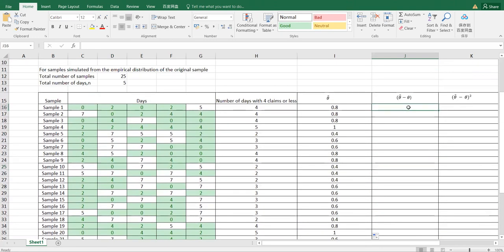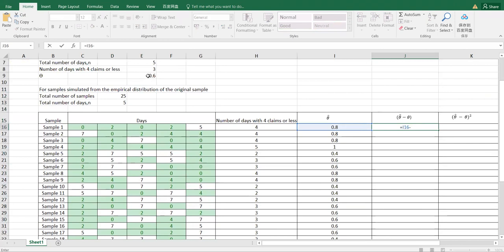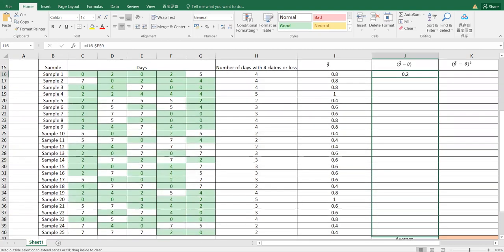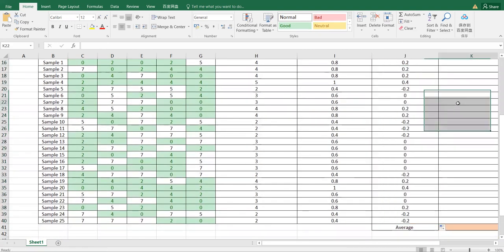Then for theta hat minus theta, it is theta hat minus theta, which is 0.6, and we have to lock the 0.6. Drag it down to the 25th sample as well.